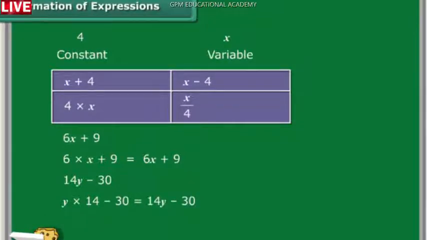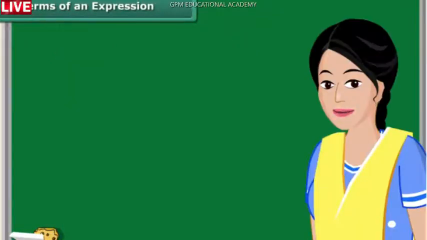So, children, you see these expressions were obtained by combining variables with constants. You can also obtain expressions by combining variables with themselves or with other variables. Now we will discuss what terms of an expression and their factors are. Consider the expression 9x plus 4.